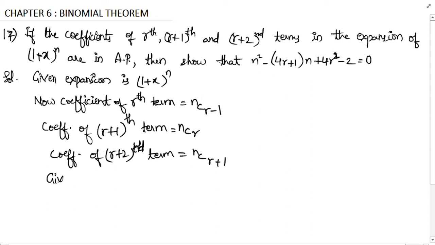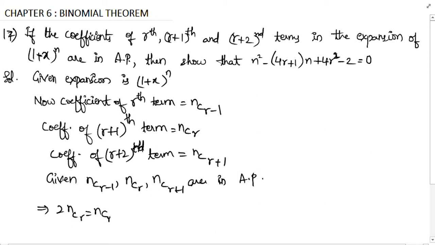It's given that nCr-1, nCr and nCr+1 are in AP. So that means 2 nCr is equal to nCr-1 plus nCr+1.